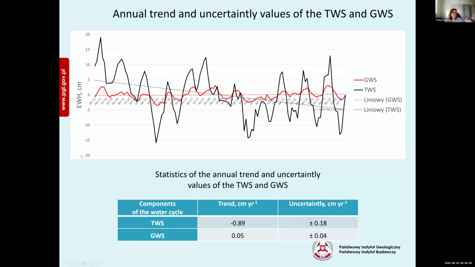The observed decline in total water storage alongside stable groundwater storage suggests that groundwater resources are not being depleted, indicating that the Bug catchment exhibits high resilience to climate change.